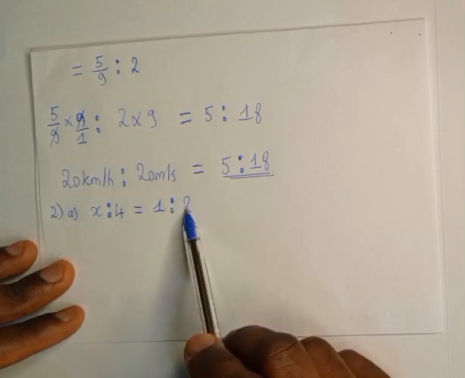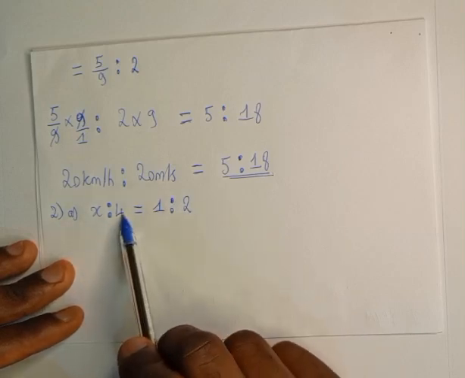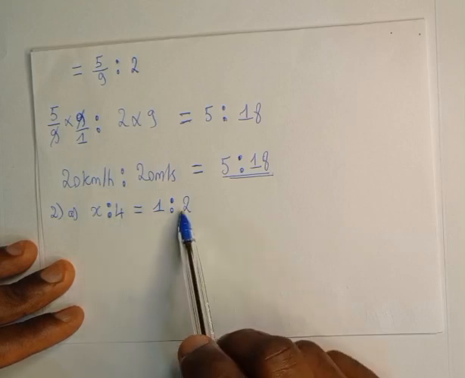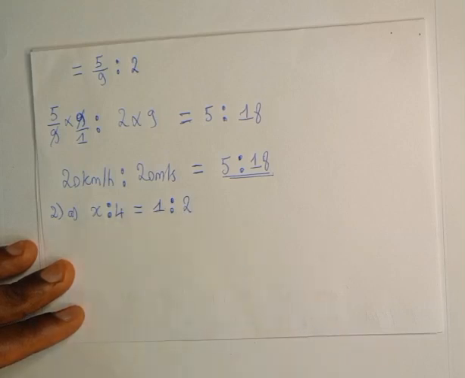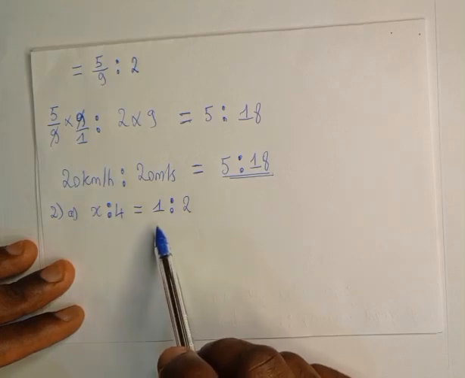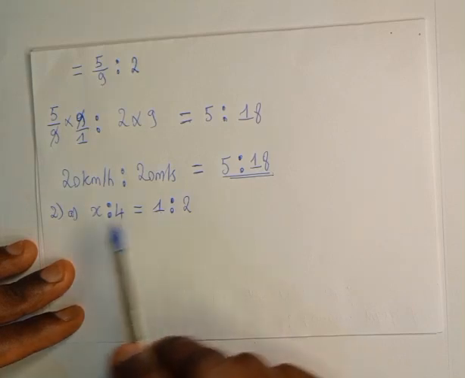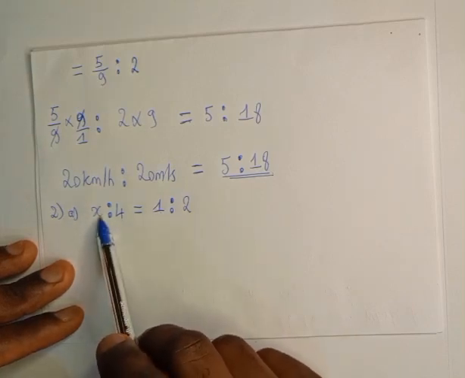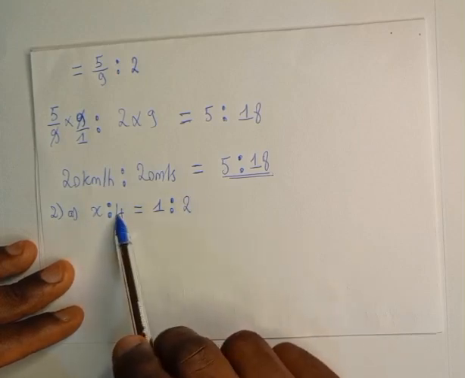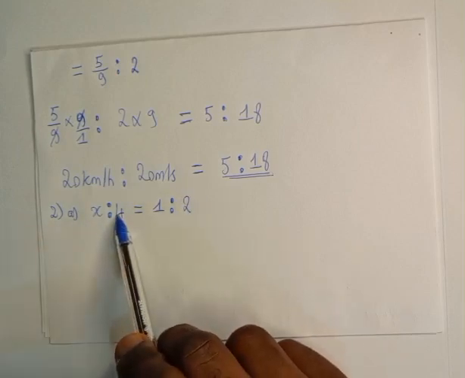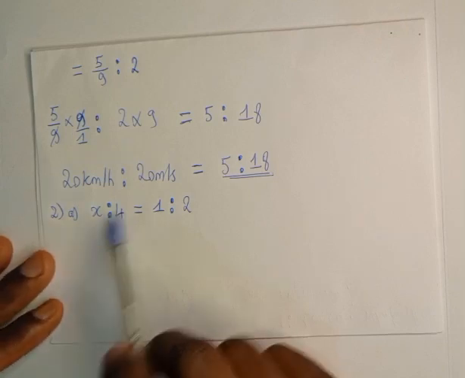If we take 2 times 2, it is equal to 4. So getting an equivalent ratio of the ratio 1 is to 2, if we multiply each of the components by 2, that is 1 times 2, it gives us 2. That means x will be equal to 2. 2 times 2 gives us 4. That means our x will simply be equal to 2.